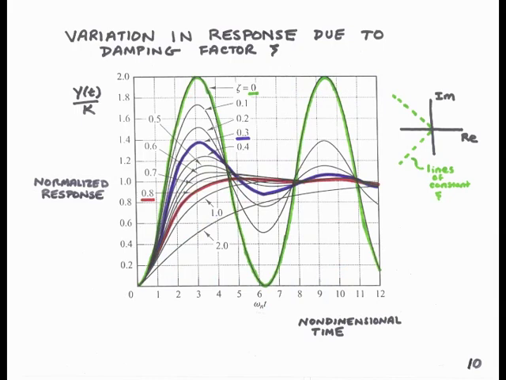At this point, let's just examine how the peak overshoot changes with the damping factor zeta. And here is a plot of the normalized response. That is, we take y of t and divide it by the DC gain. That means the transient will always settle out to 1 in these plots.